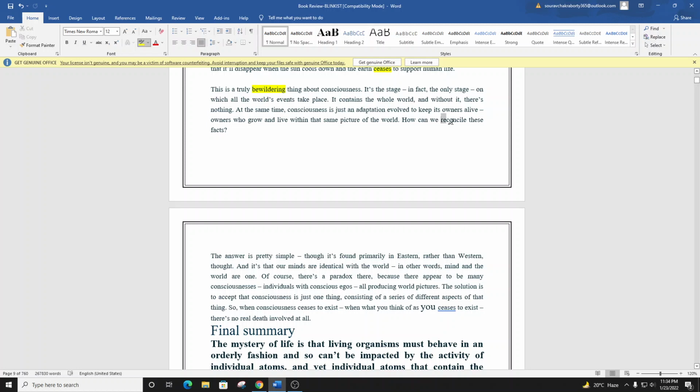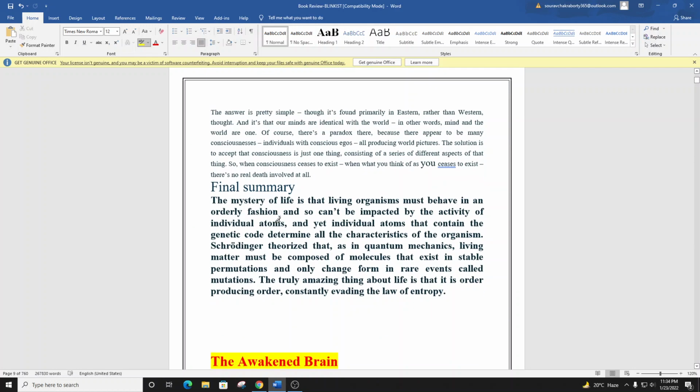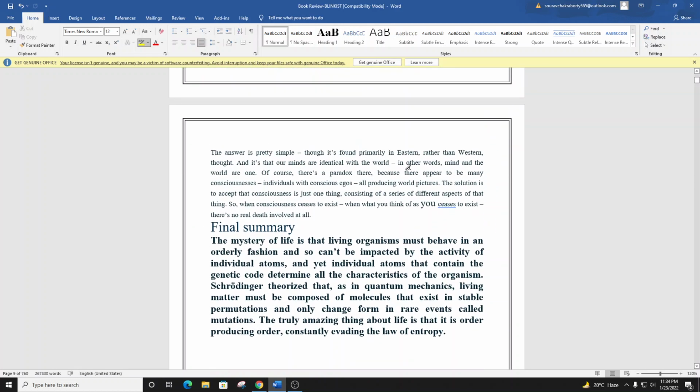The answer is pretty simple, though it's found primarily in Eastern rather than Western thought. And it's that our minds are identical with the world. In other words, mind and the world are one. Of course, there's a paradox there, because there appear to be many consciousnesses, individuals with conscious egos, all producing world pictures.